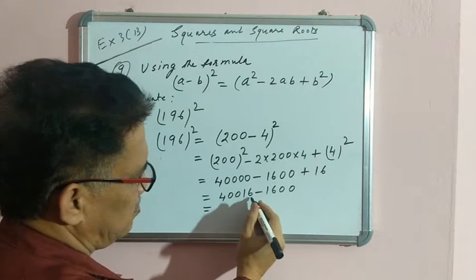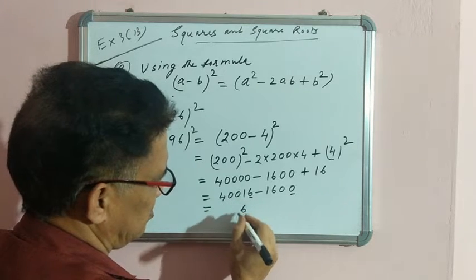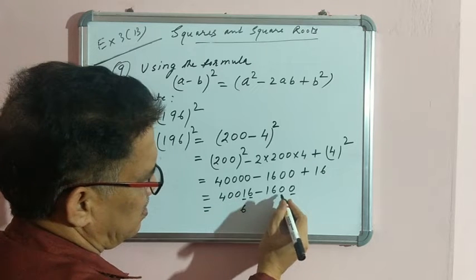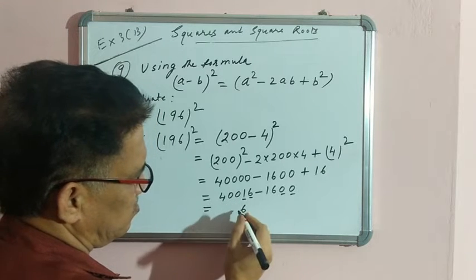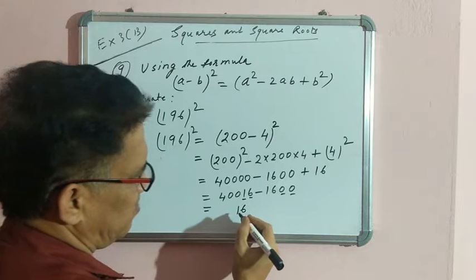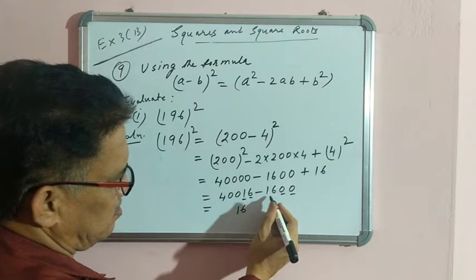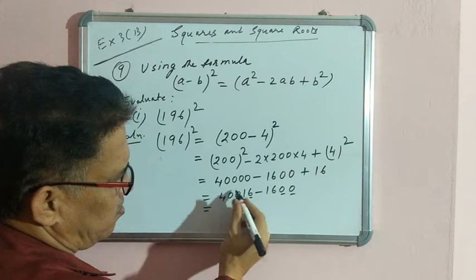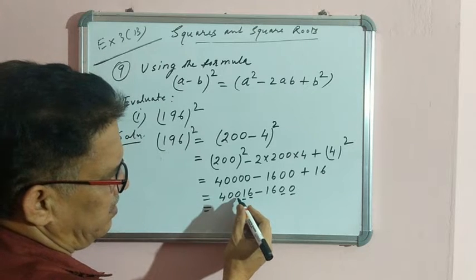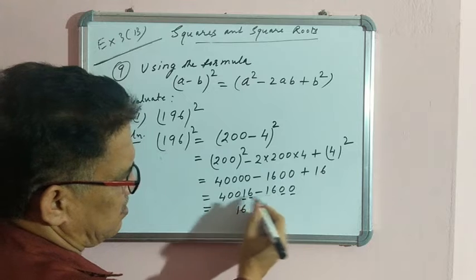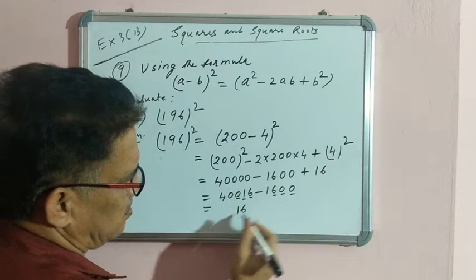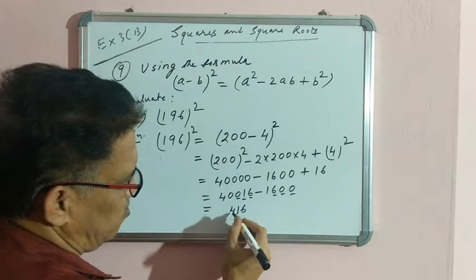So 6 minus 0, that is 6. 1 is there and 0 is there. 1 minus 0, that is 1 we are getting. Clear? Here it is 0, but here it is 6. So we will borrow from here, so it will become 10. So 10 minus 6, we are getting 4.